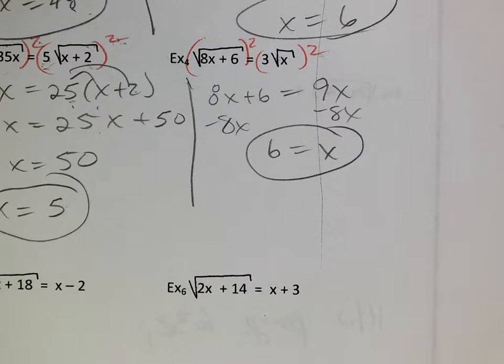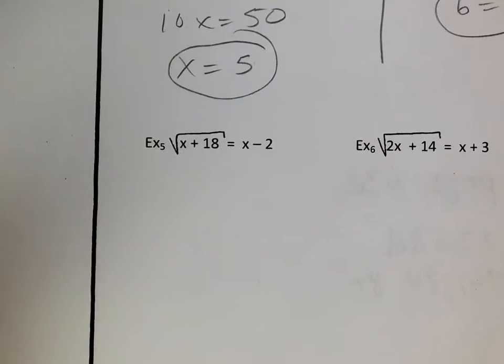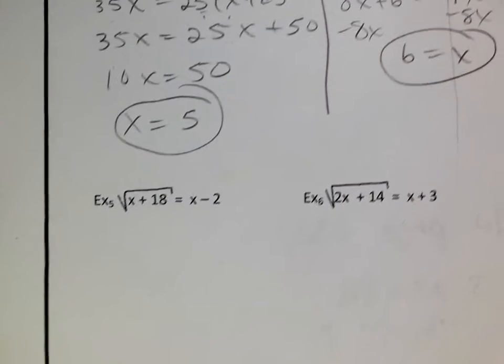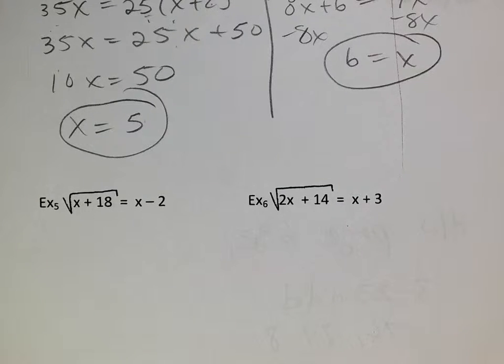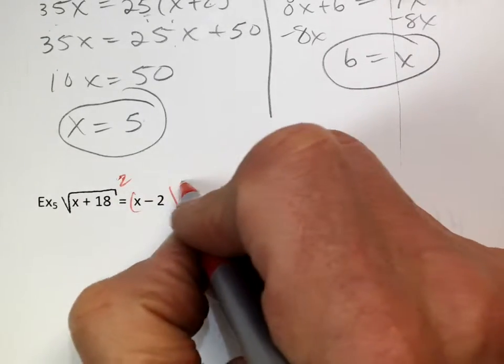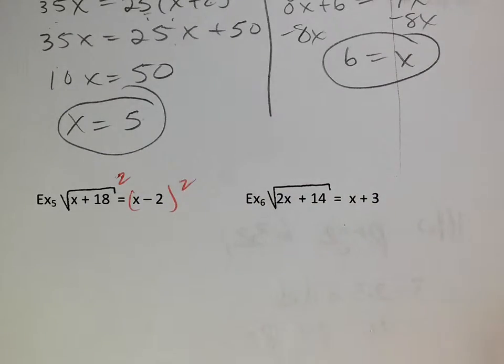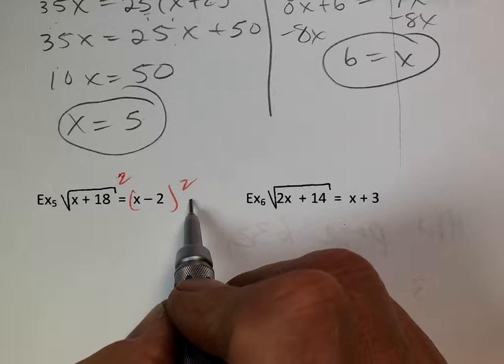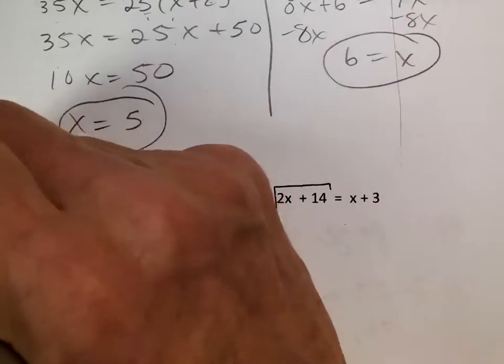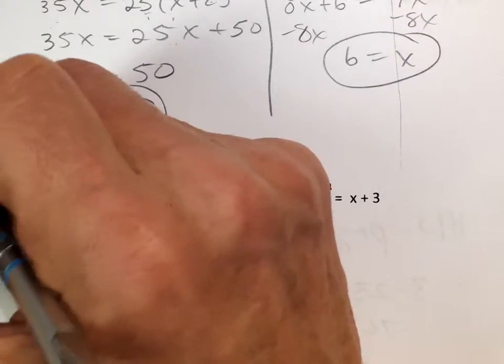Okay, now 5 is going to get a little bit more difficult, but I'll go through it slowly with you. 5 and 6 are going to take a little extra work. On 5, I am going to square both sides to get rid of the square root. But you have to be careful, because x minus 2 quantity squared is going to be x minus 2 times x minus 2.